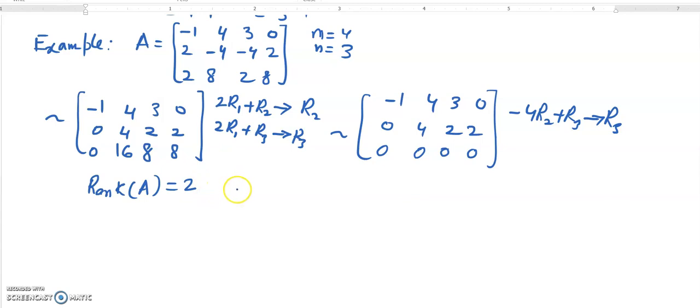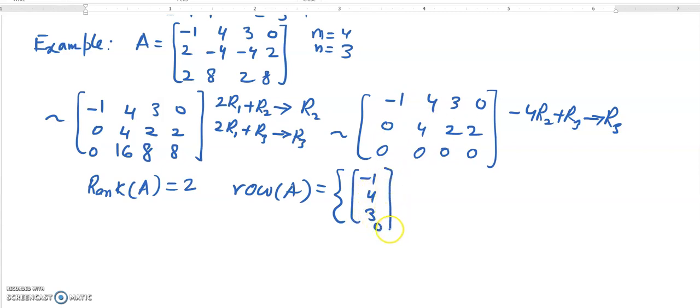And of course, what will be the row space of A? That will be minus 1, 4, 3, 0 and 0, 4, 2, 2. Even this can be simplified.